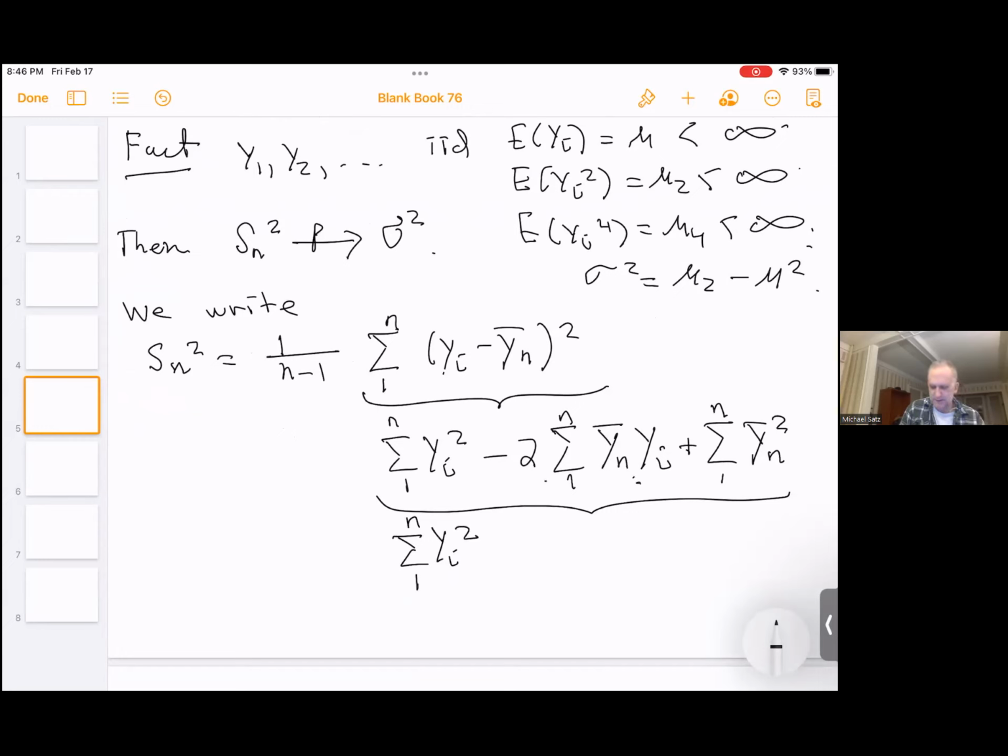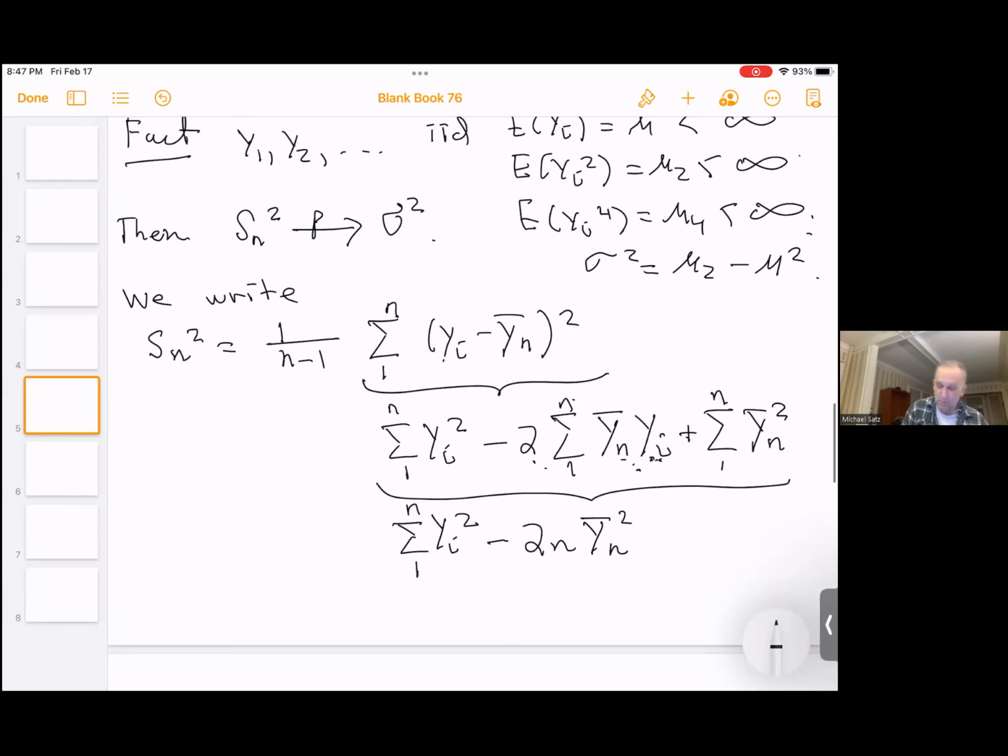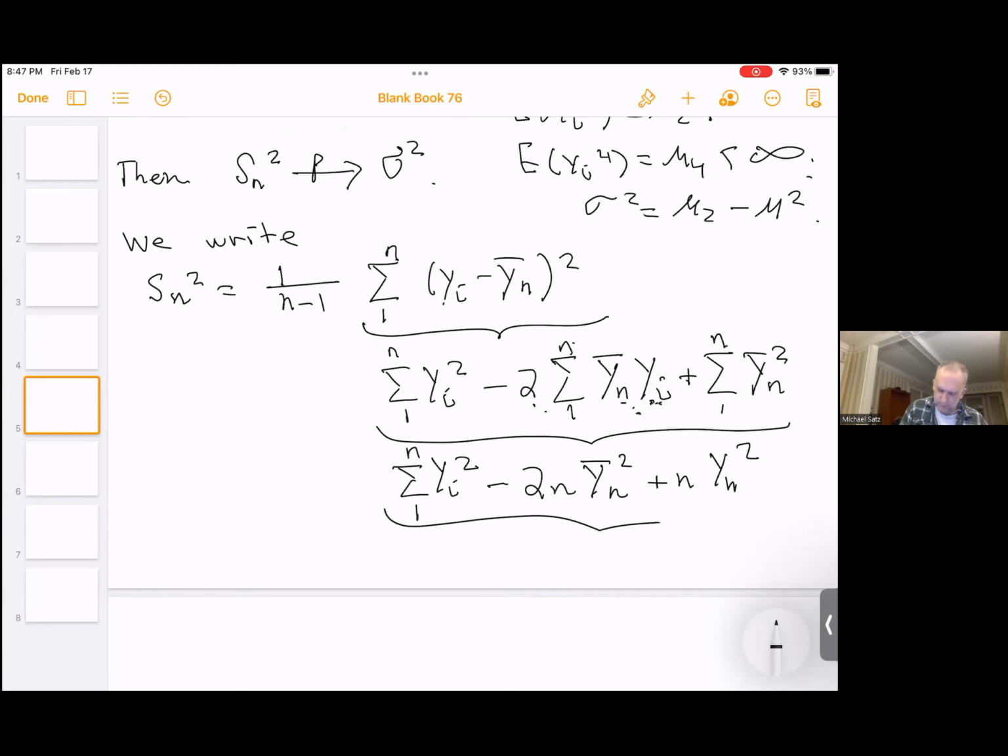In the middle one, y bar n comes out, and then I sum the yi, so I get minus 2 n y bar n squared, because when I sum the yi's I get n y bar n, and then I have plus n y bar n squared. So this is equal to the sum 1 to n yi squared minus n y bar n squared.